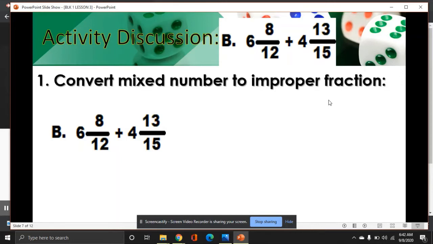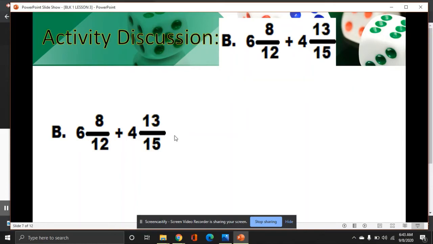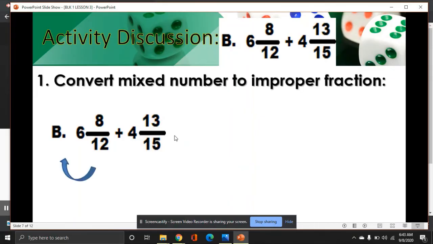Letter B. So we have here the equation of 6 and 8 over 12 plus 4 and 13 over 15. So first thing that we do, we need to convert mixed numbers to improper fractions. Okay, let's follow the same process.